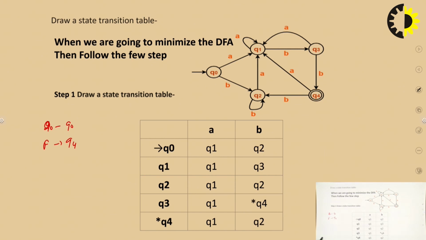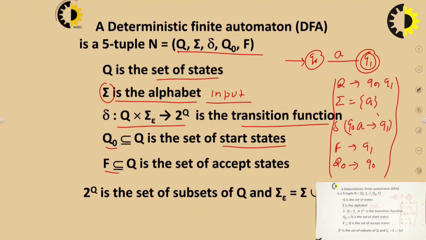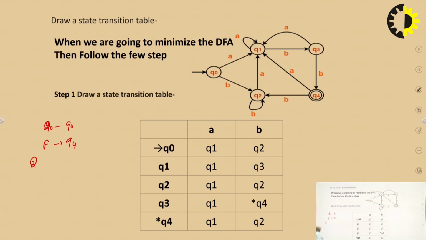What is the set of states Q? Q is Q0, Q1, Q2, Q3 and Q4. What is sigma? That is A, B, the set of inputs. And what is the final state? That is Q4.